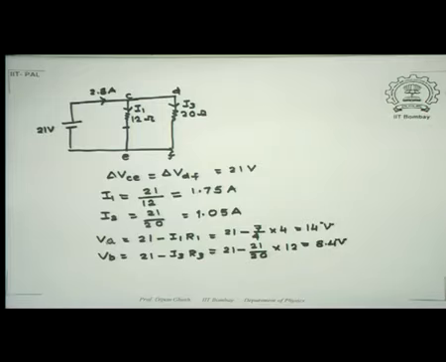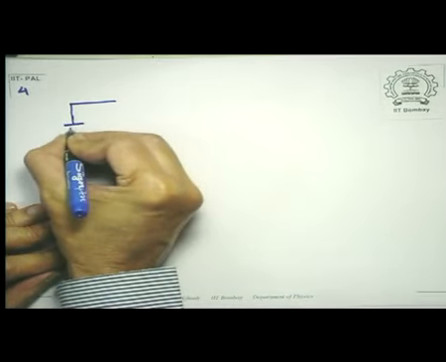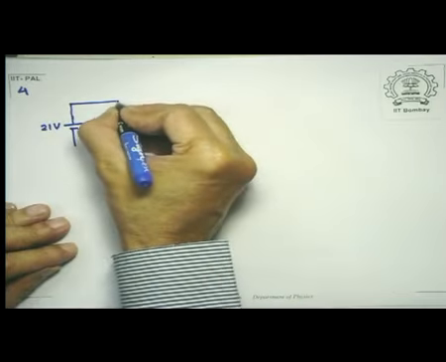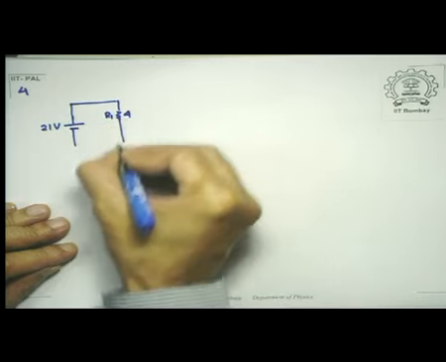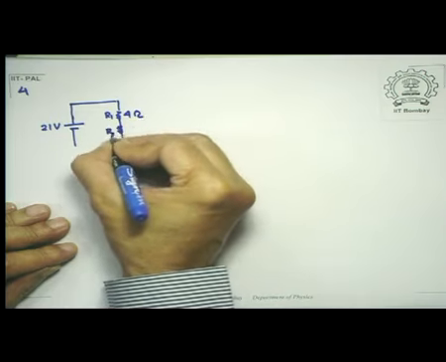Now let us close that switch. Now when you close that switch, the entire character of that circuit changes. So let's look at what is happening when I close that switch. So let us redraw that picture again. So this was a 21 volts battery. I had a 4 ohms here, R1, this is R2, which was 8.